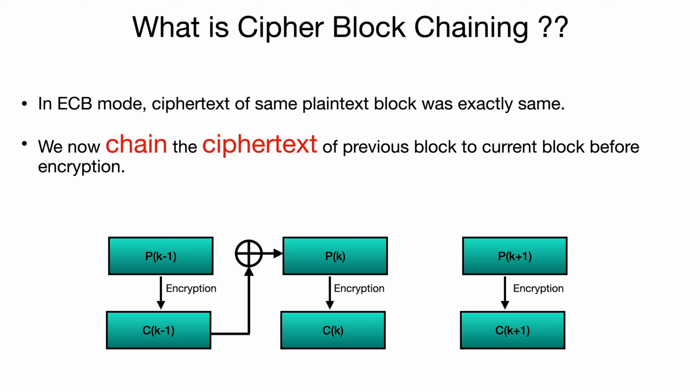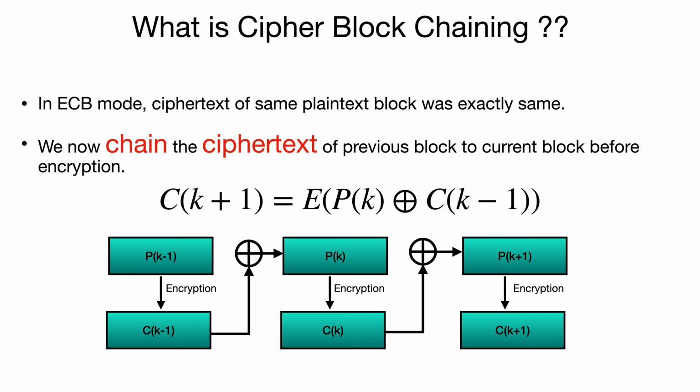In the next stage, we take c_k and XOR it with the plaintext p_k+1. After this, we encrypt it to get the desired encryption.